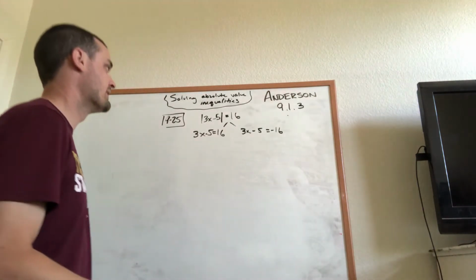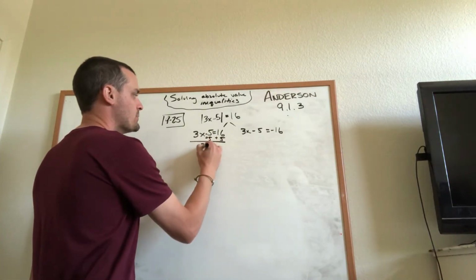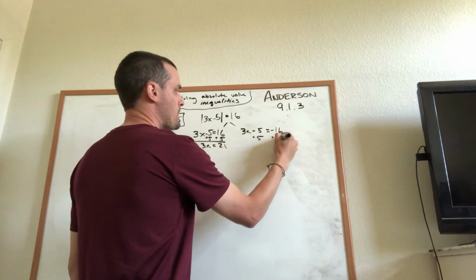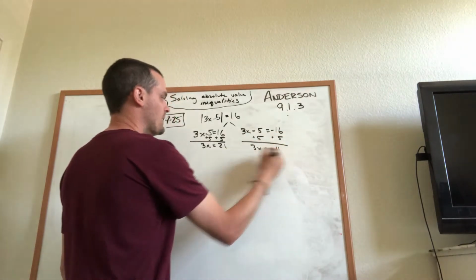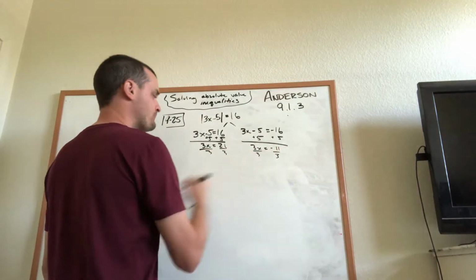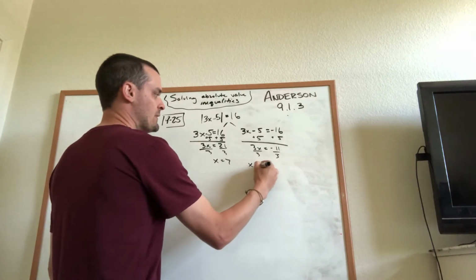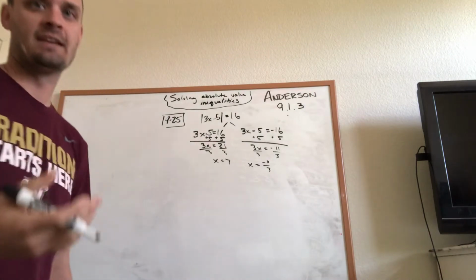So we have two different equations now. Add 5 to both sides, so we get 3x equals 21 and we get 3x equals negative 11. Divide by 3, divide by 3. So we get x equals 7 and x equals negative 11 thirds. We get two different answers.